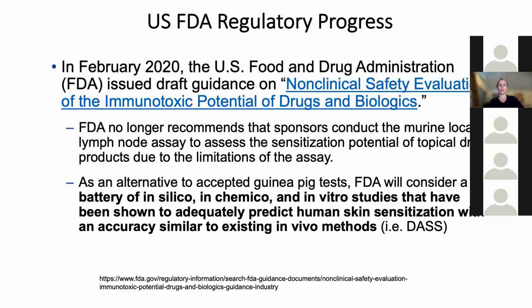They are no longer recommending the LLNA. Within this guidance, they state that they will consider a battery of in silico, in chemico, and in vitro studies that have been shown to adequately predict human skin sensitization with an accuracy similar to the existing in vivo methods. I think it's fair to say that the defined approaches within Guideline 497 fit exactly that definition.